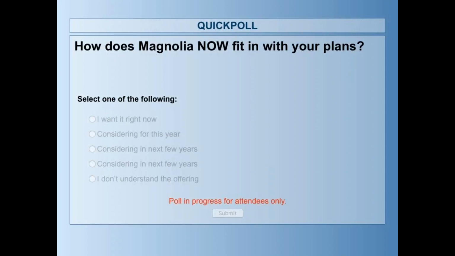We want to understand your needs and help together to develop the solution and develop Magnolia Now based on your actual requirements. So basically, we would be looking for you to contact us to discuss the needs that you have and potentially be among the first to test Magnolia Now and help us bring this product forwards.